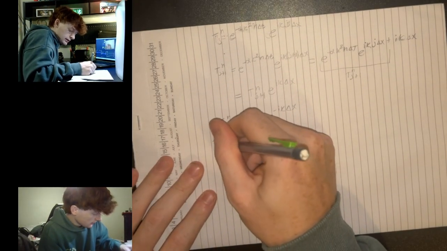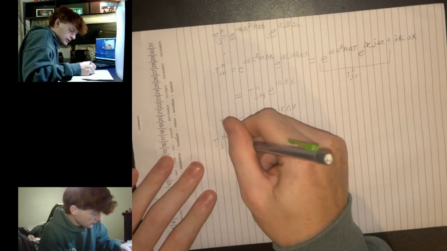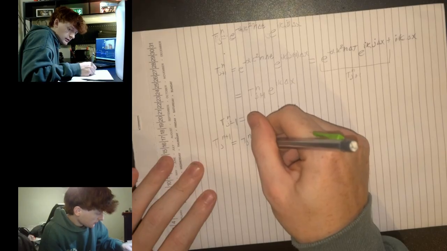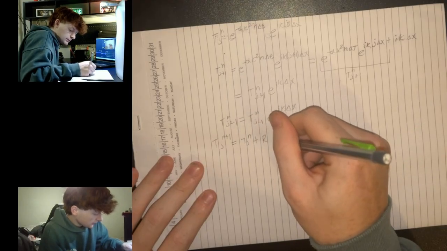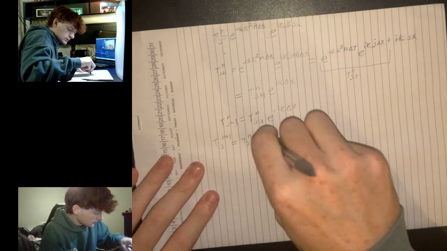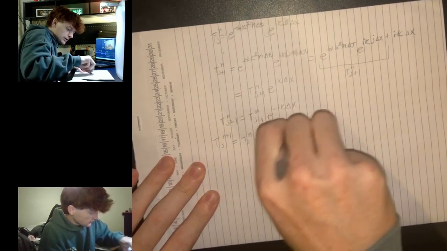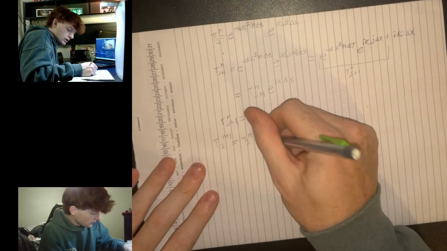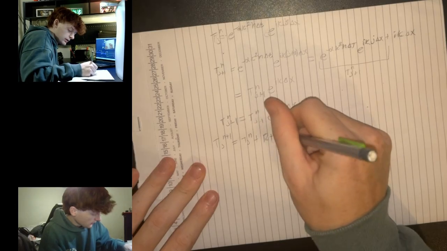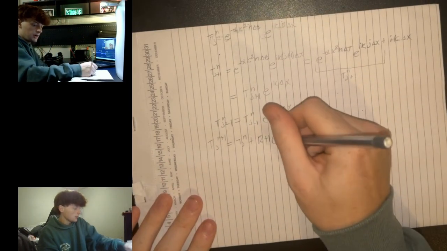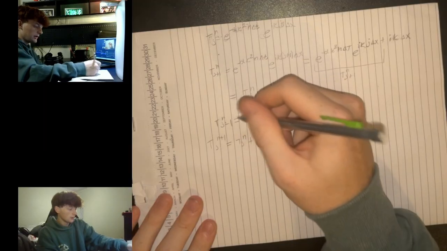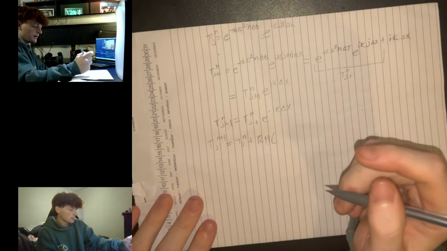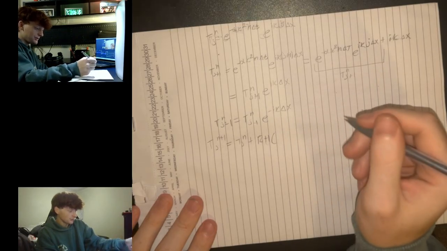So we have T_j^(n+1) is equal to T_j^n plus r, it's going to be r plus 1, and then this is going to be multiplied by our values up here. So the first one we have T_j+1^n, so we can go ahead and plug that in.